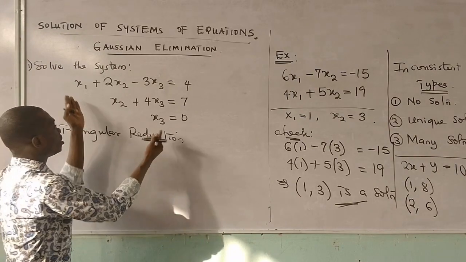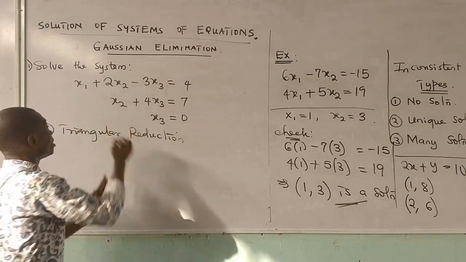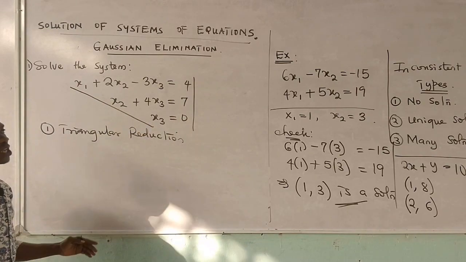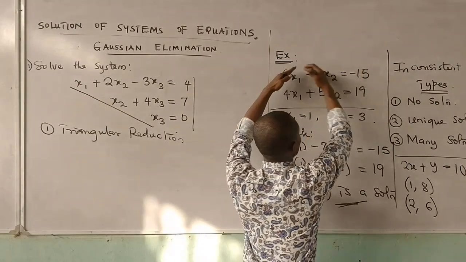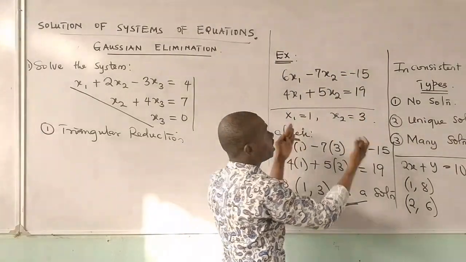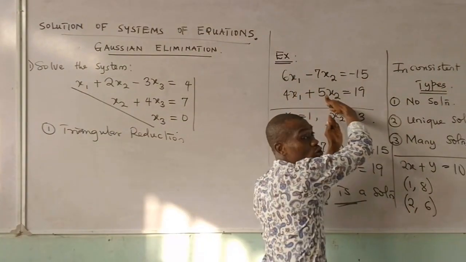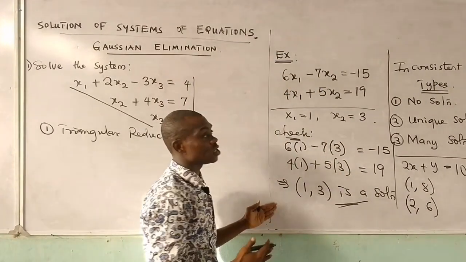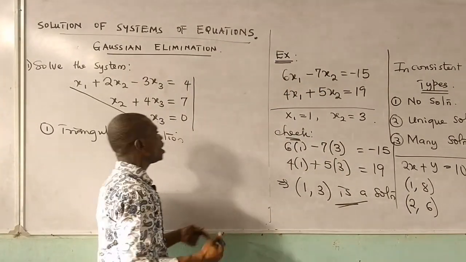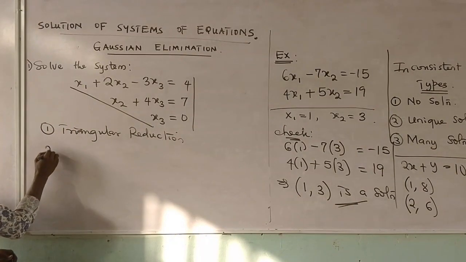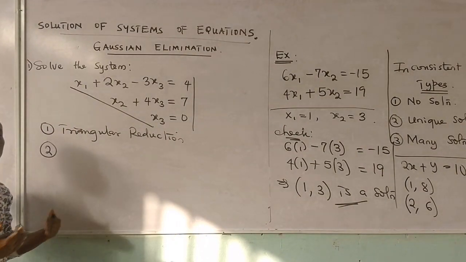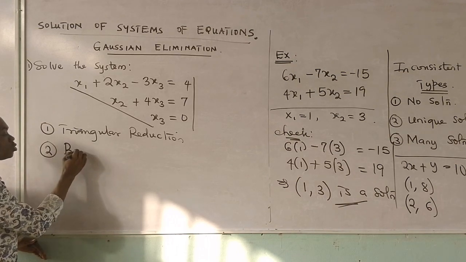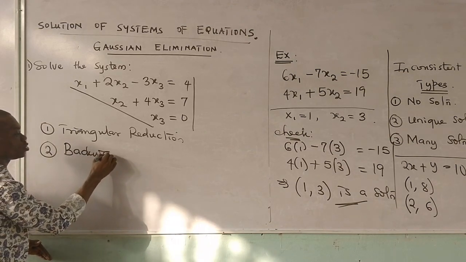You can see what I have here is in a triangular form. If you are given a system and you are required to reduce it to the triangular form, then after reducing it, you will apply the second component, which is what we call the back substitution, or backward substitution.